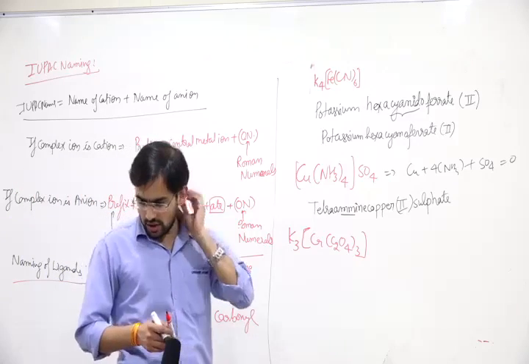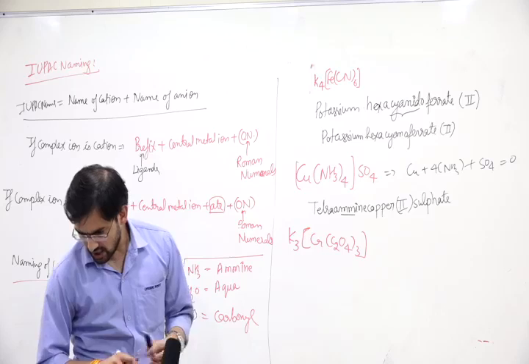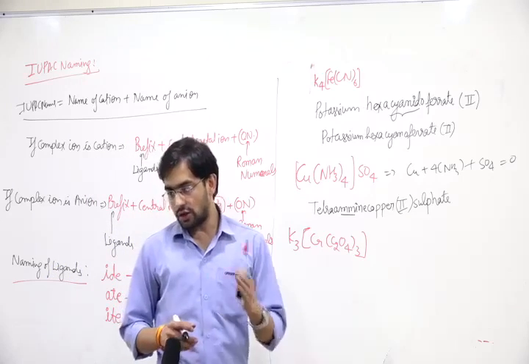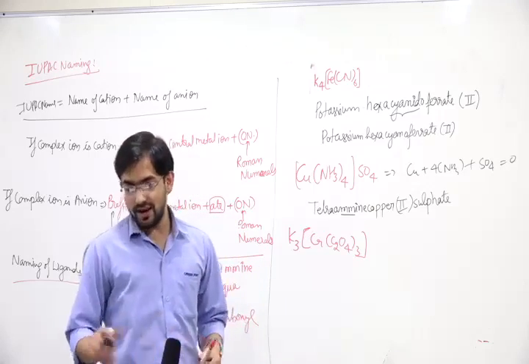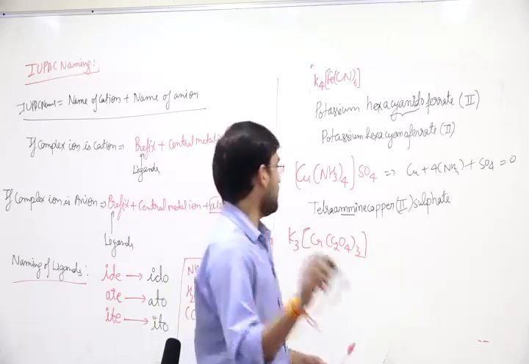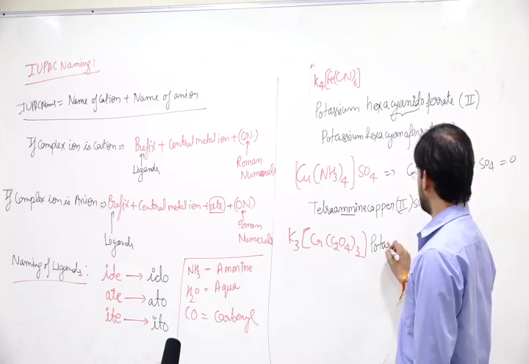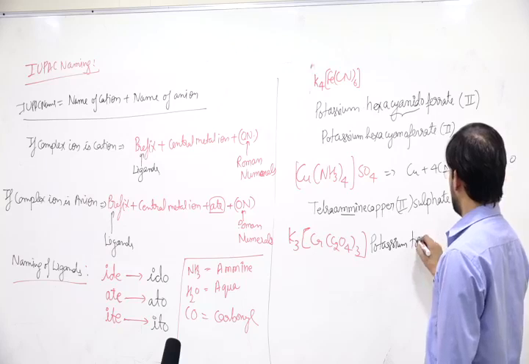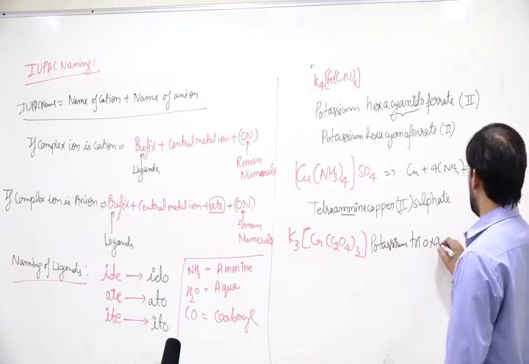Are you people solving or not? Narayan has solved potassium trioxalato, incorrect. Not chromium, it is an anion, so chromate, and not in 3 but in Roman numerals. So potassium, this is oxalate, so oxalato.